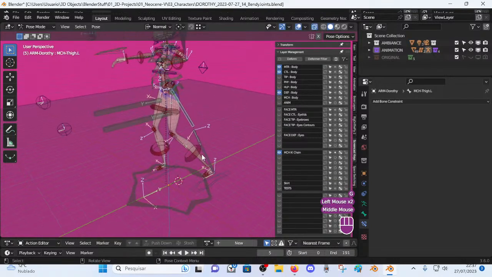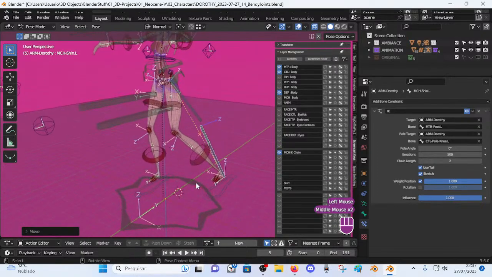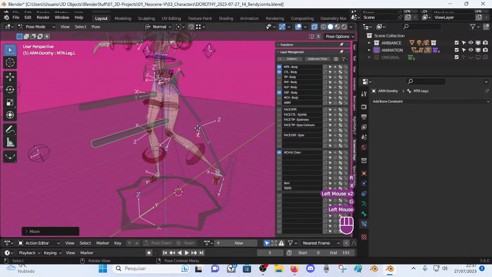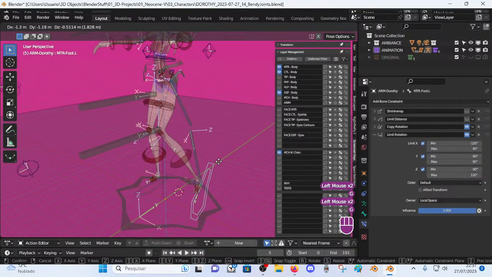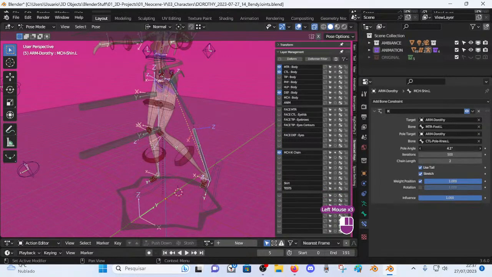And okay, so this was expected. This new IK chain won't follow exactly the limbs, the real mesh, because it's a different calculation, but I can certainly fix this pole angle here.